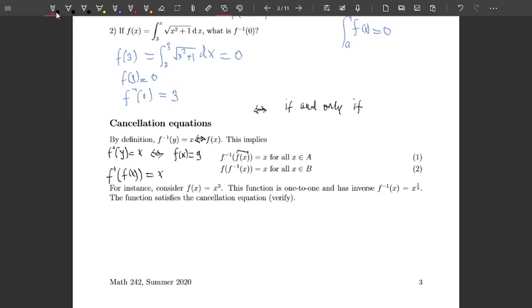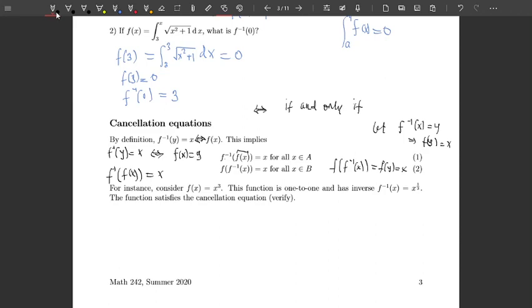Similarly, if I let my f inverse of x be equal to y, this implies that my f of y is equal to x. So with that in mind, my f of f inverse of x basically would give me the same thing as f of y, which is x, from what we got here.